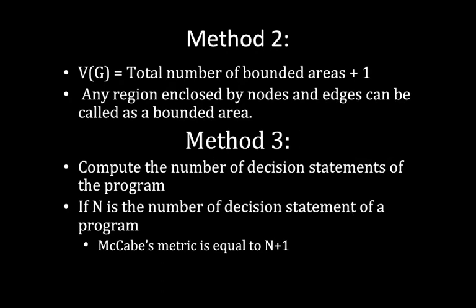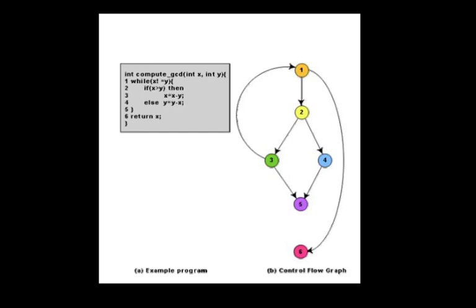This is an important question. The question might be like this: find the cyclomatic complexity for a bubble sort, or for a selection sort, or for insertion sort, or binary search, or linear search. What you have to do is write the code like this, then number the statements.